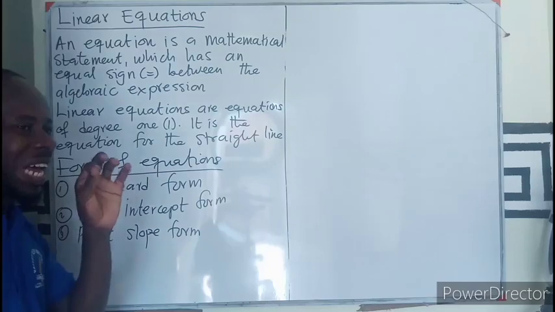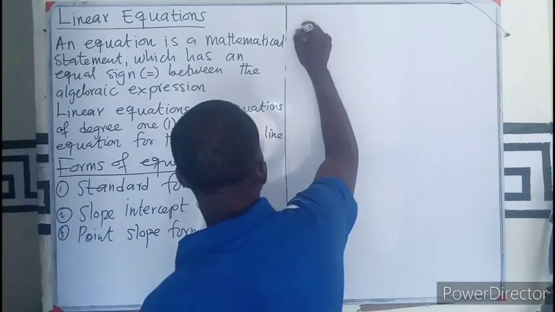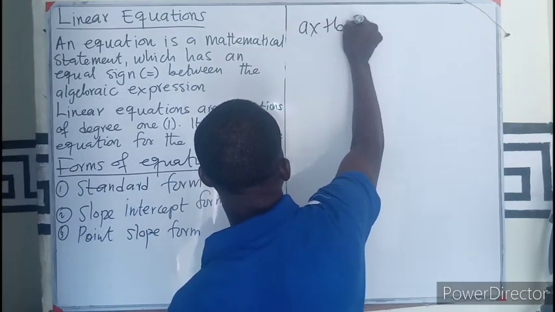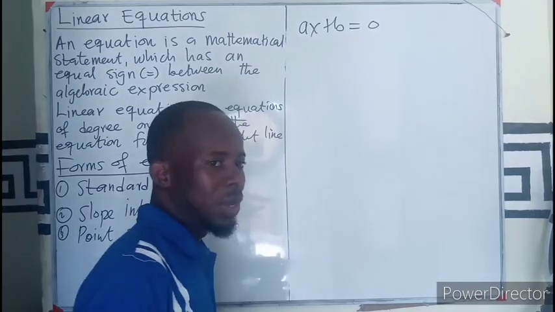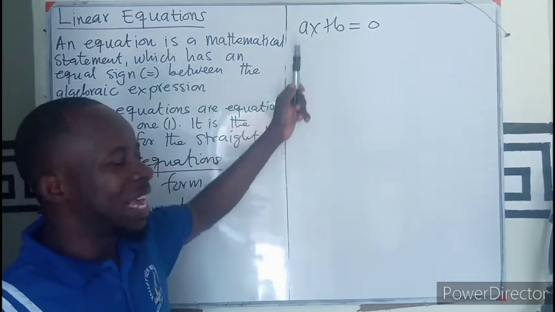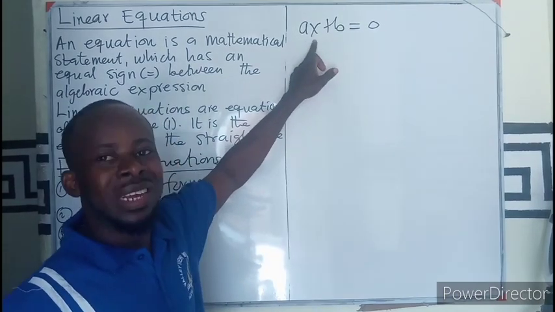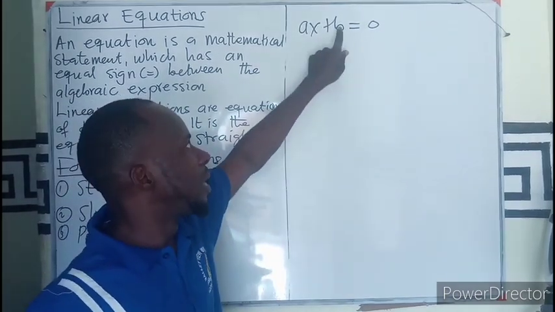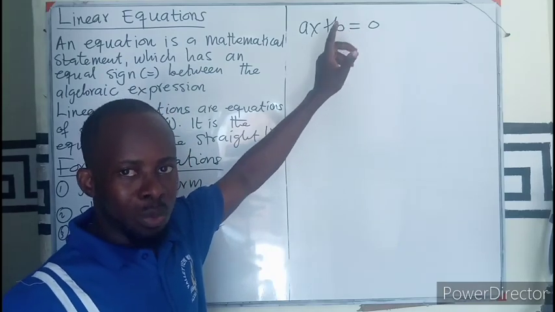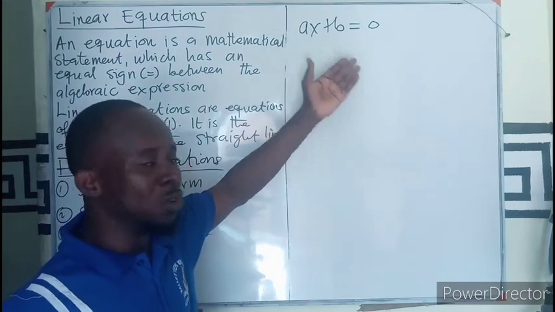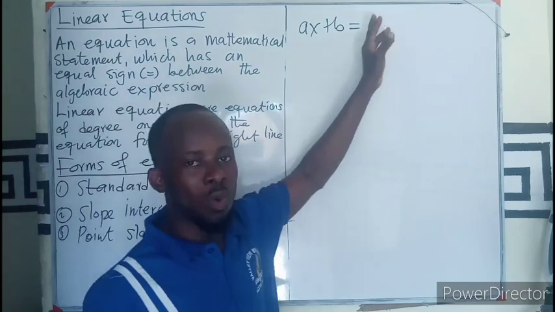Now, when it comes to the standard form, we have ax plus b equals 0, where a here is not equal to 0. The moment a is equal to 0, it means there is no variable. That will mean that b equals 0, where b is a constant. So if b assumes 4, 4 cannot be equal to 0.